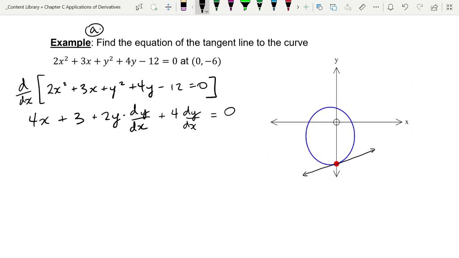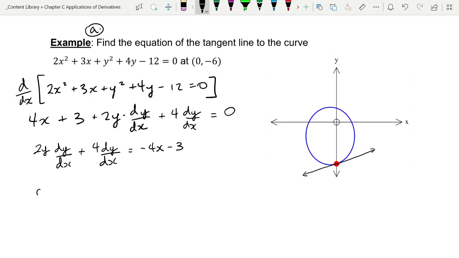Now, what I want is the slope at this point. Actually, I want the equation for the slope everywhere around the curve. So I'd like to isolate dy/dx. Everything that isn't dy/dx moves to the other side of the equation. It's going to become negative for both of those terms, negative 4x minus 3.